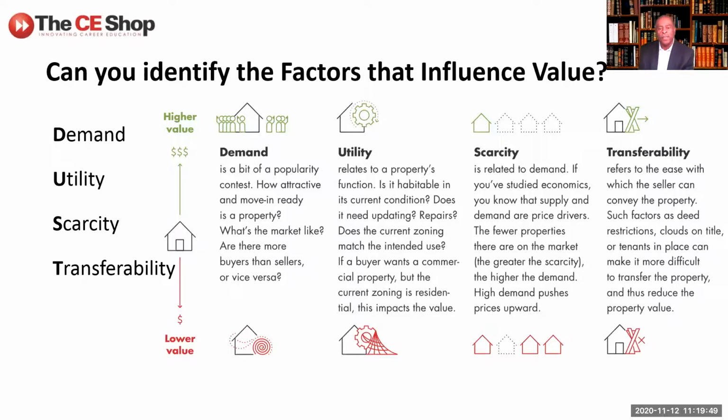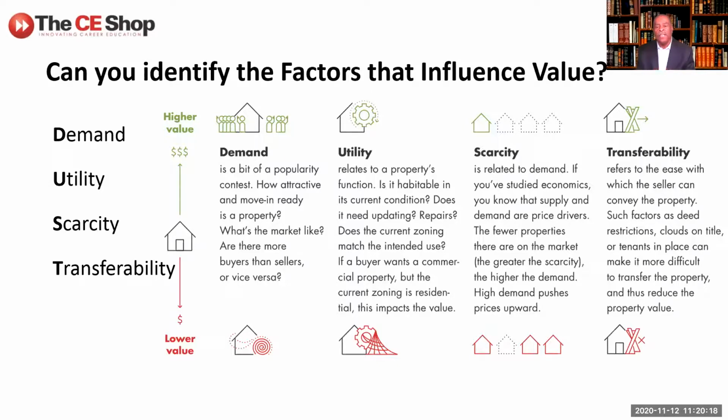Scarcity. We already mentioned scarcity as it relates to the supply of land: a low supply, i.e. there's no more land being made. How does it relate to property? It is related to demand. We talked about oceanfront property. We talked about ski resort property.